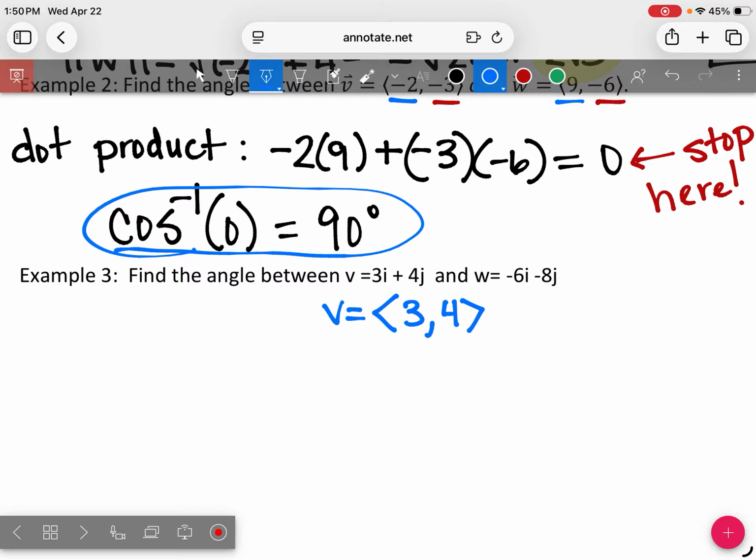That's your horizontal and vertical component. It's another way to write a vector using I and J. Vector W, -6, -8. So what I want you to do is find your dot product and the magnitude of both vectors.